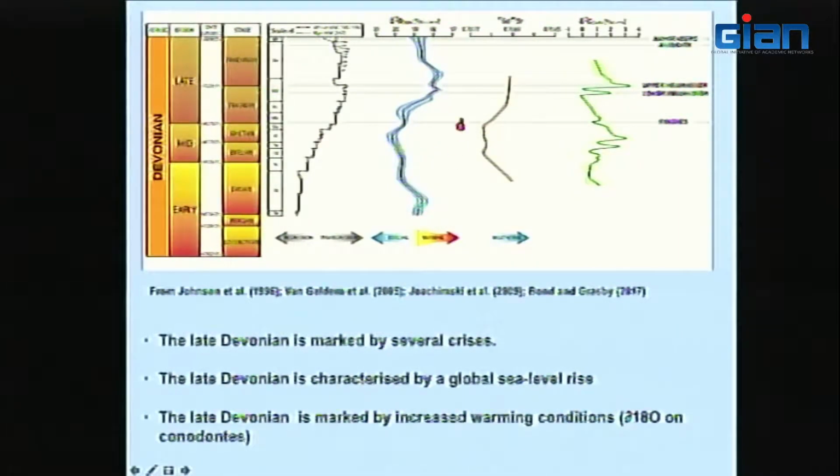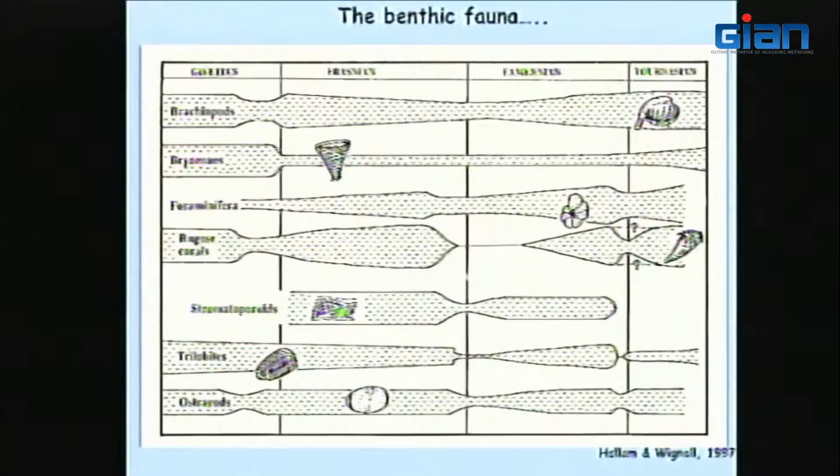I will go back to that later on. But it means here that the late Devonian is not one single extinction. In fact, this is a combination of three extinctions. And this cartoon illustrates quite well what I want to say here.